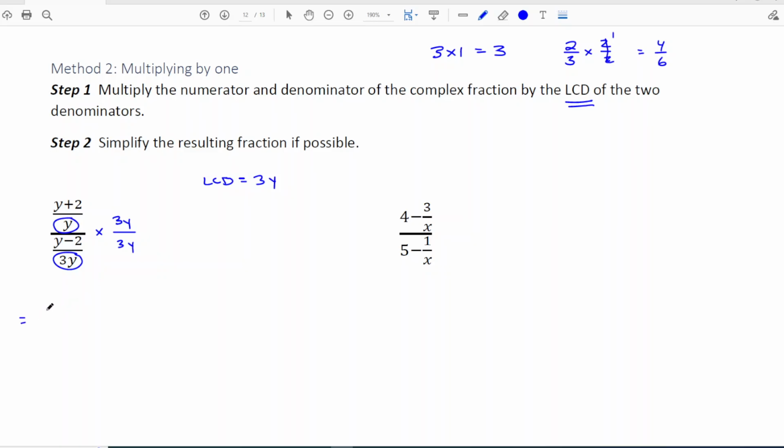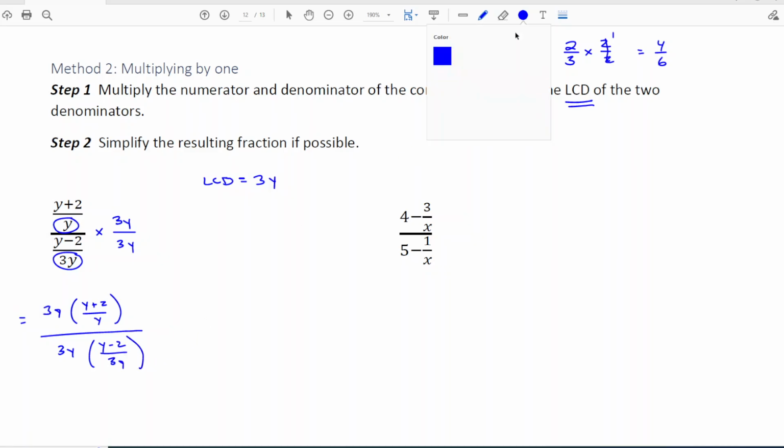What that's going to do is multiply your numerator by 3y, and multiply your denominator by 3y. I usually call this method the destruction method. It's really messy, because it's destroying the denominators.